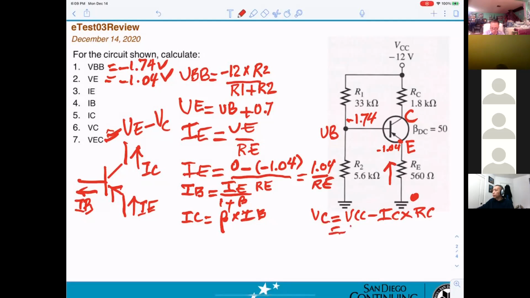That will be minus 12 minus IC times 1.8K. RC will be 1.8K, and IC you are doing the calculation. Okay, what IC do you get? IC equals beta times IB.